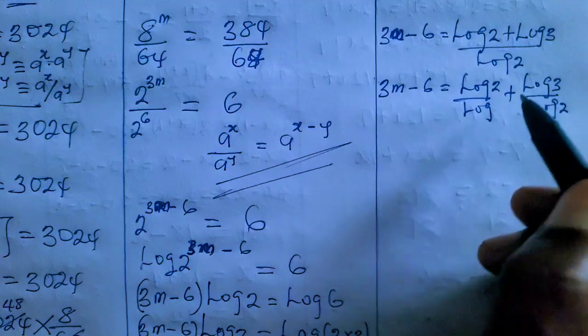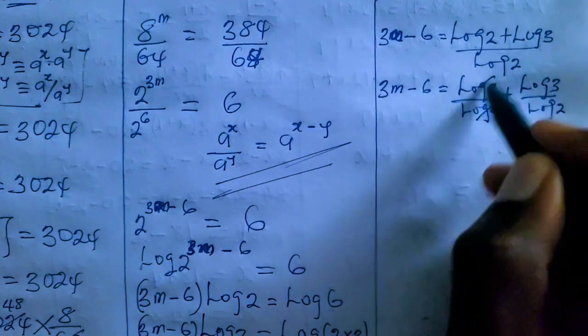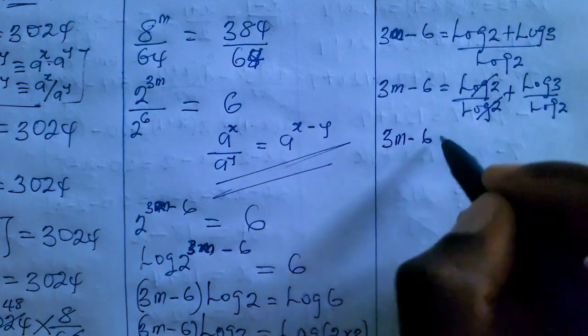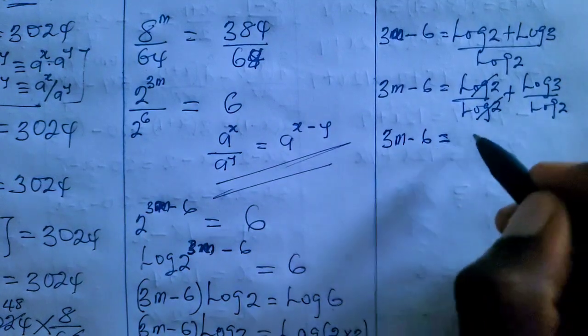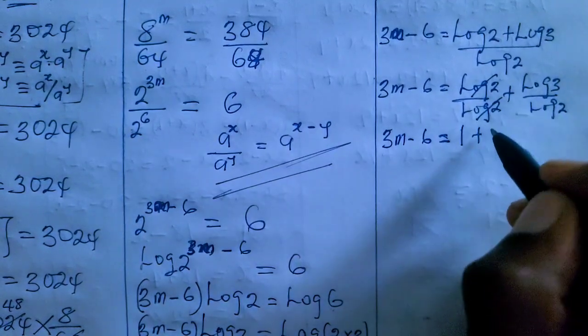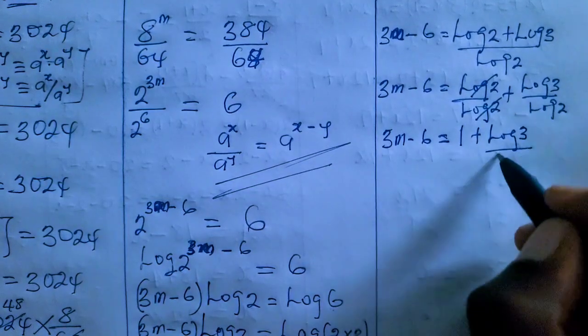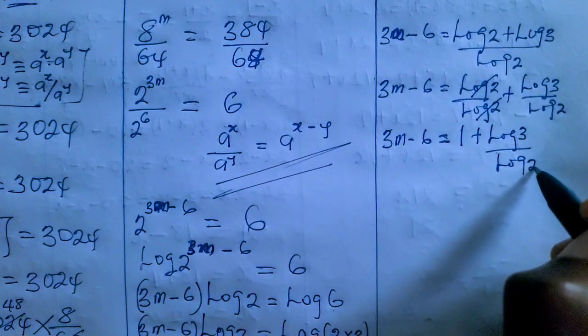And here, log 2 will eliminate log 2, and we have 3m minus 6 equals 1 plus log 3 all over log 2.